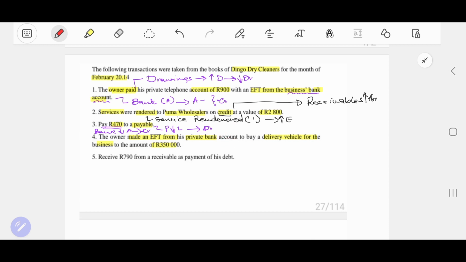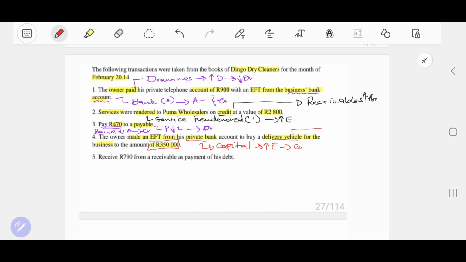So you are going to say, okay, this was bought, which was the vehicle. Who bought the vehicle? Is it the business or the owner? The owner bought the vehicle. So it means that you have, number one, capital. So capital results in an increase in equity, and an increase in equity is recorded on the credit side.